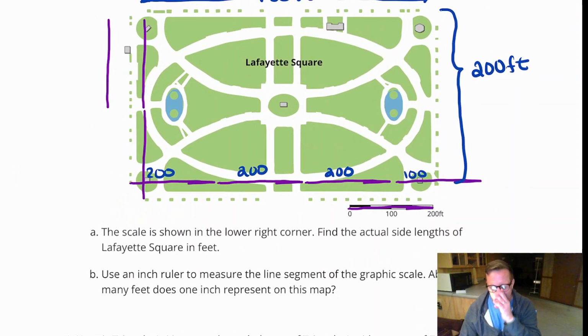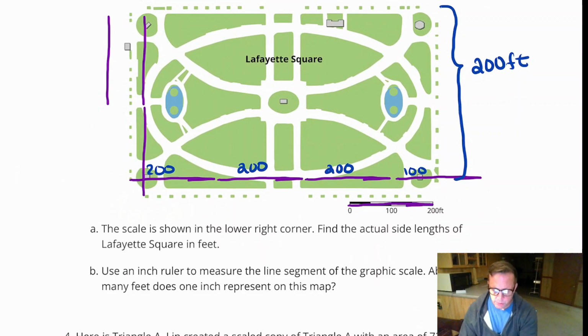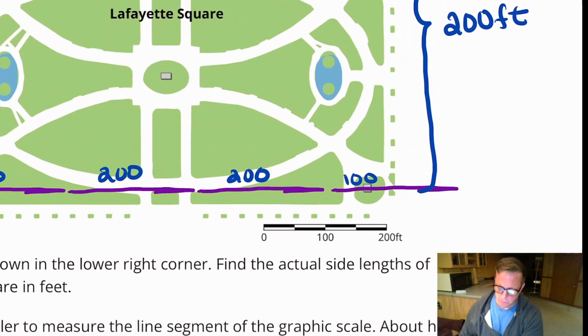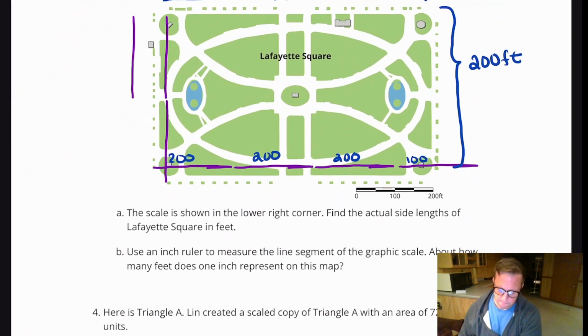All right. So you use an inch ruler to measure the line segment of the graphic scale. About how many feet does 1 inch represent on this map? Now, I do not have a ruler that I can use, but I do have a measuring device on here.